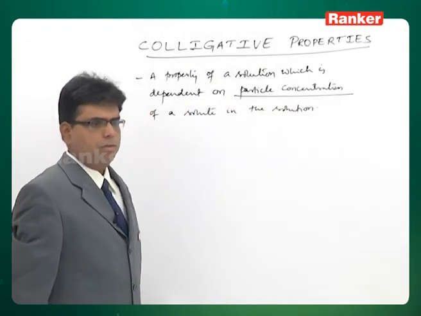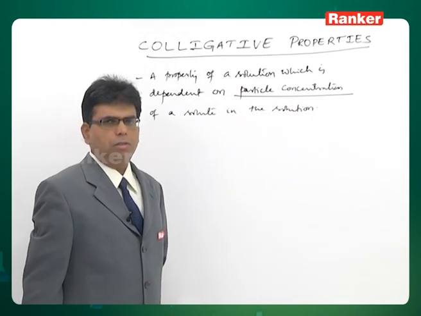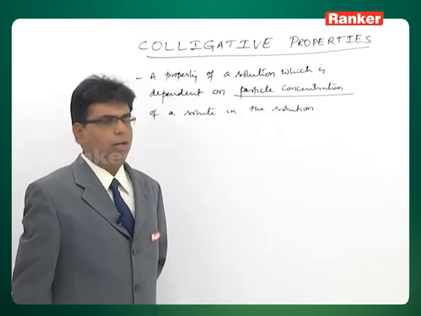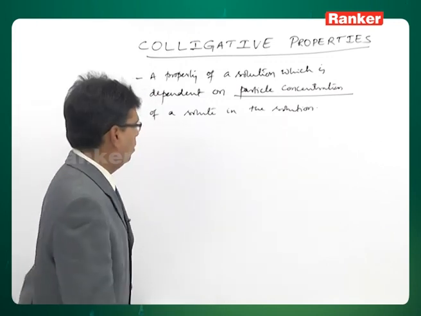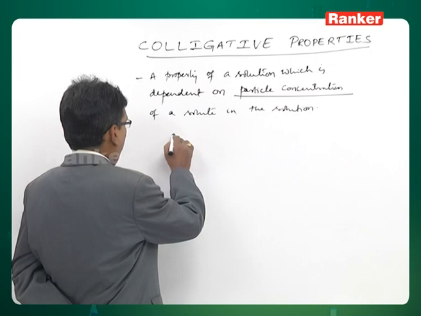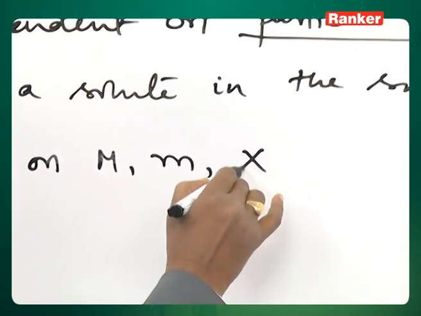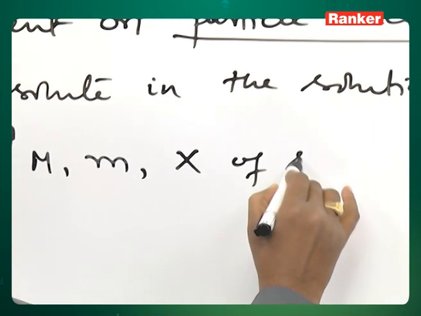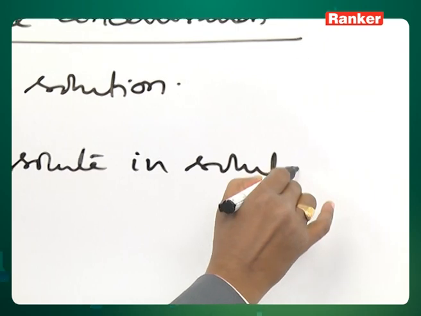So, the meaning is, it is a property of a solution which is dependent only on the particle concentration of the solute, meaning it is dependent on the molarity or molality or mole fraction of the solute in solution. That is what concentration means.